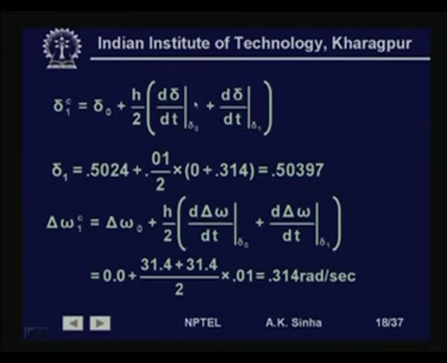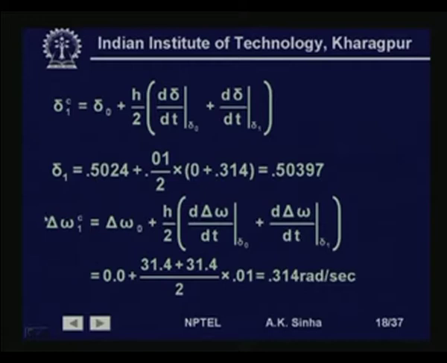This we have already calculated. So, we have 0.5024, this is delta 0, plus the time step 0.01 by 2 into d delta by dt at delta 0, which was 0, and d delta by dt at delta 1, which is 0.314 radians per second. From this we get delta 1 as 0.50397 radians.